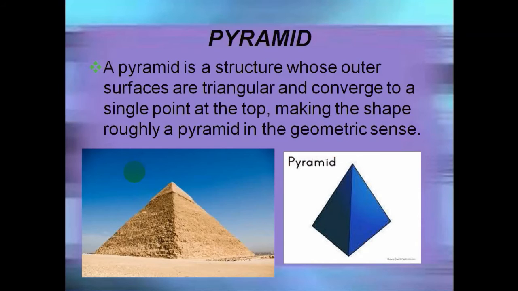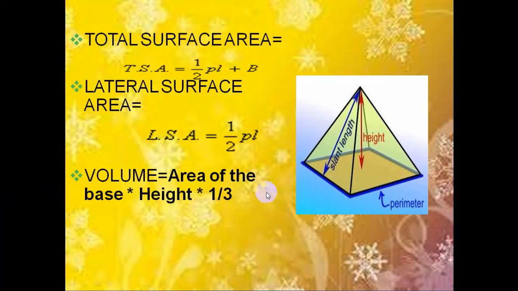Now, pyramid. A pyramid is a structure whose outer surfaces are triangular and converge to a single point at the top, making the shape roughly a pyramid in the geometric sense. You see over here, this is a pyramid shape. Now the total surface area for this shape is 1 over 2 multiplied by P L plus B. P is actually the perimeter, L is the slant length, and H is the height.